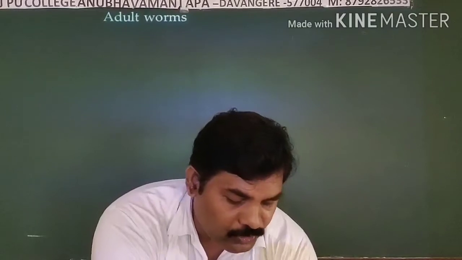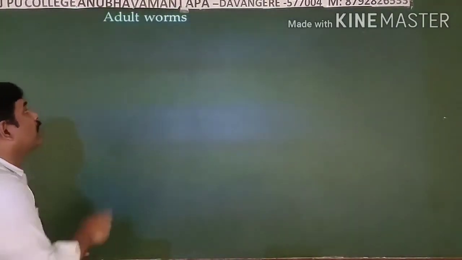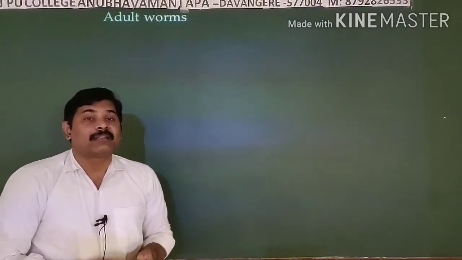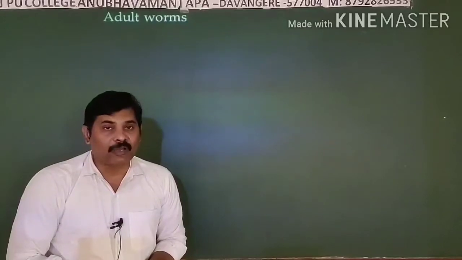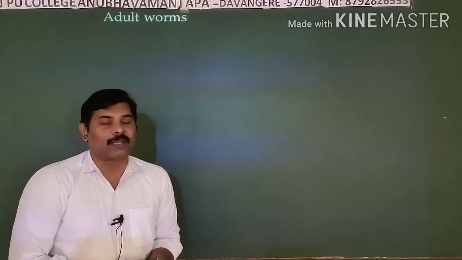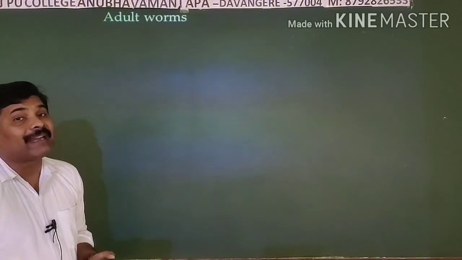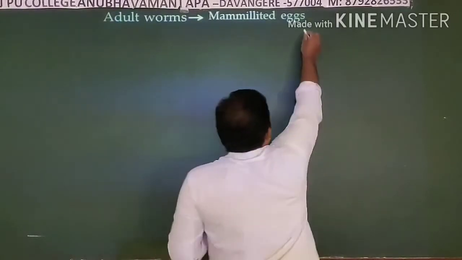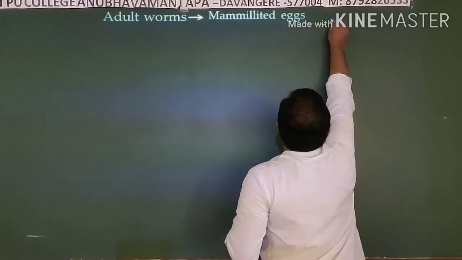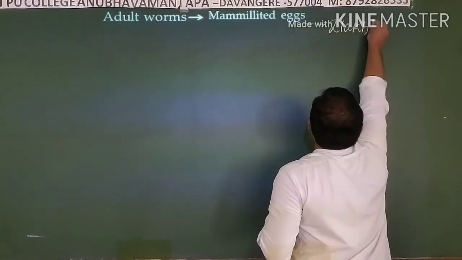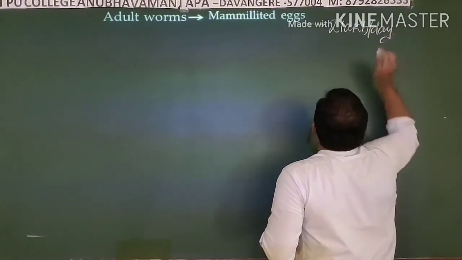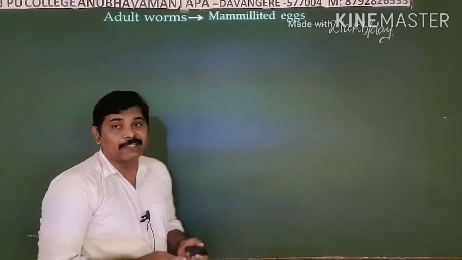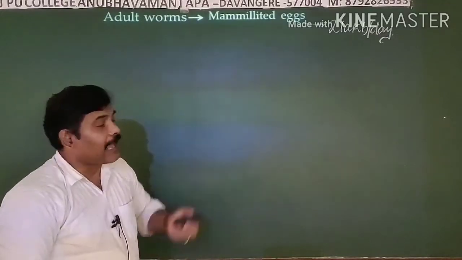Both male and female worms are present in the small intestine, and since they take part in copulation, which is sexual reproduction, the female worm releases the mammillated eggs. An important point: almost 2 lakh eggs are released by the female Ascaris lumbricoides each day. Every day it can release 2 lakh of these eggs.